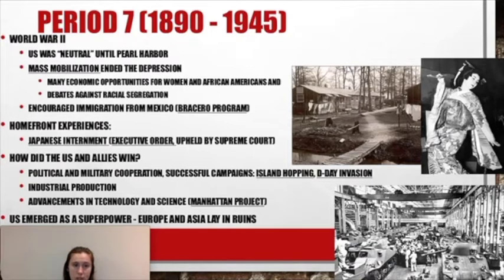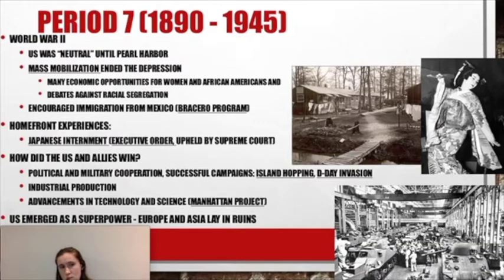In World War II, we have the creation of Japanese internment camps, in which we have a president who has an executive order that forces Japanese Americans to be rounded up and sent to holding centers. This is due to racism, bigotry.